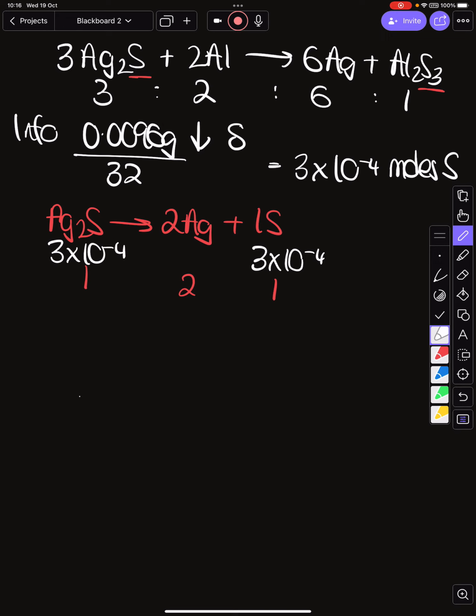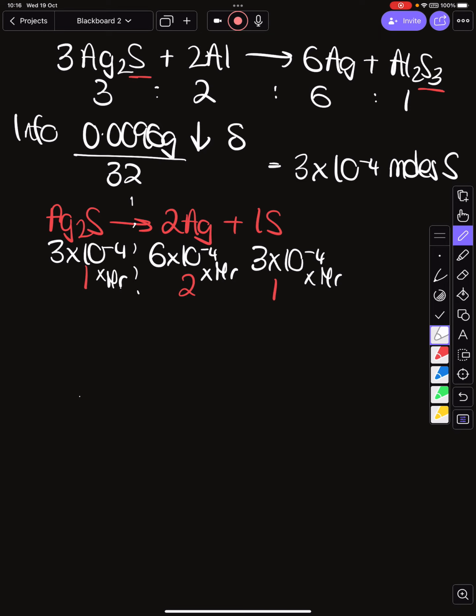If you want to do the maths on this, by multiplying all of these moles by their molar mass, the total on the left-hand side in terms of grams will equal the total on the right-hand side of grams. They will all be the same because of the law of conservation of mass.